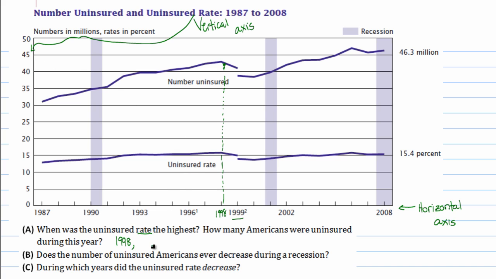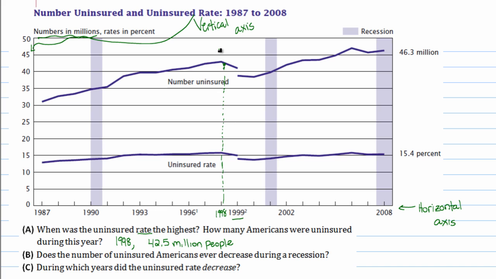Now when you read that 42.5, you have to include the units of the vertical axis, and the units for it are right here. Numbers are in millions, so this is 42.5 million citizens, or million people. And again, this is from the U.S. Census Bureau.